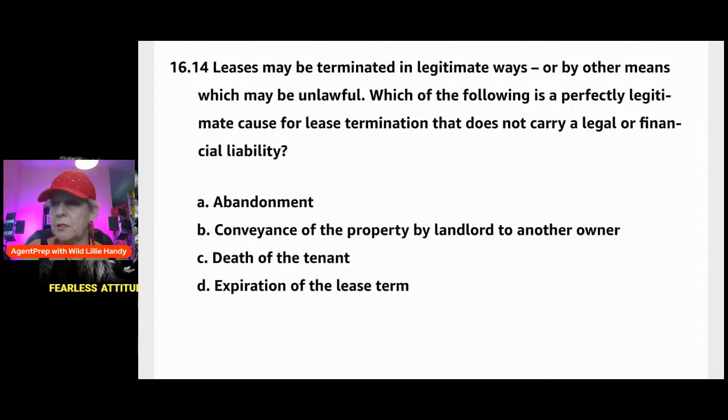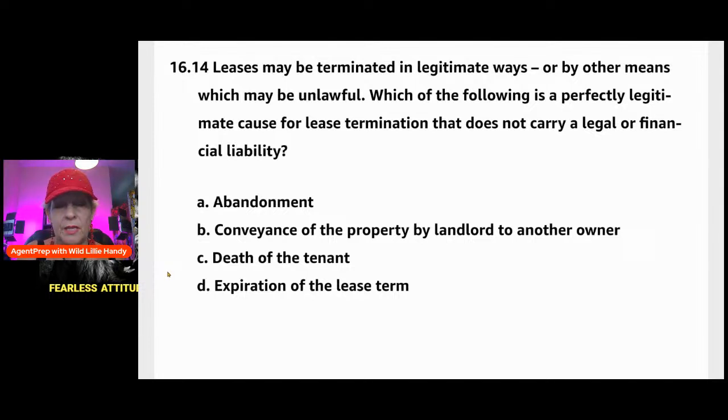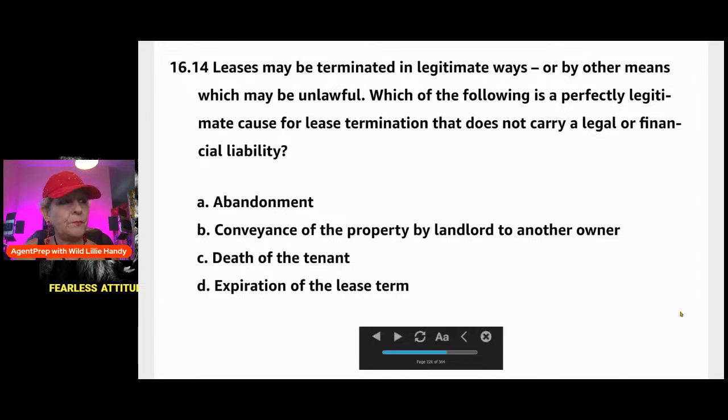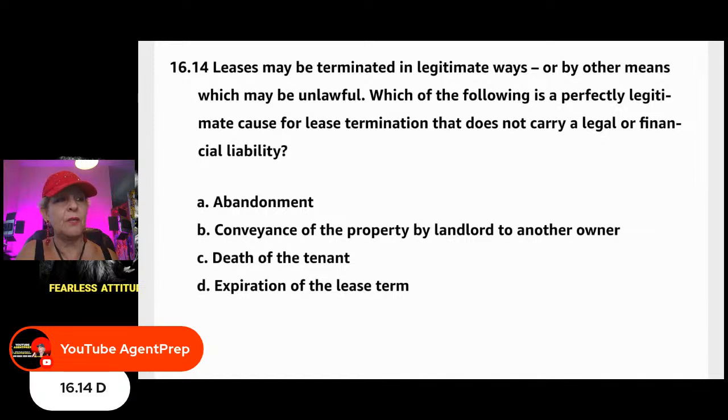If you answered C, death of the tenant: if the tenant dies and the property and everything is still in there, they can go after the family or a trust or whatever to collect whatever is owed, or any expenses. So the answer is D. Okay. Expiration of the lease term.